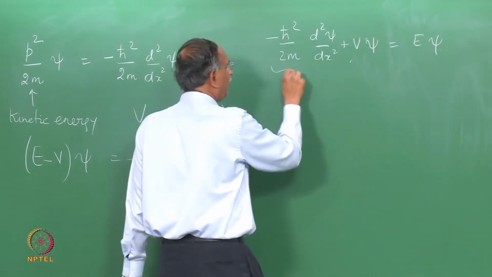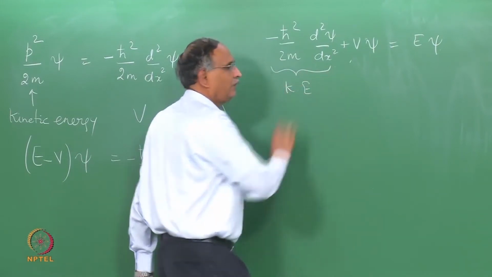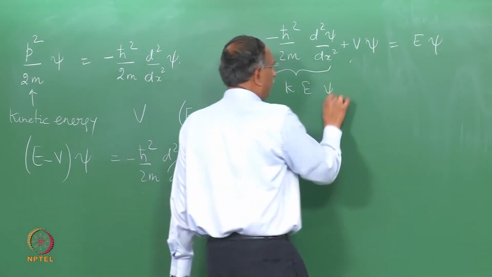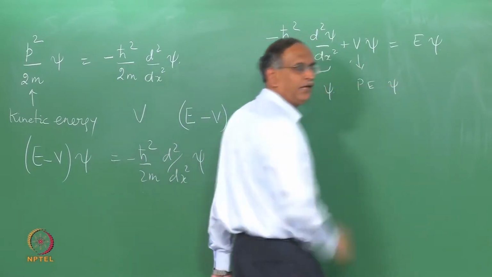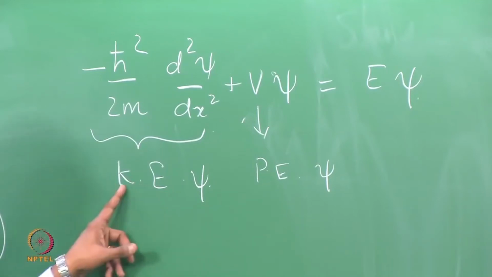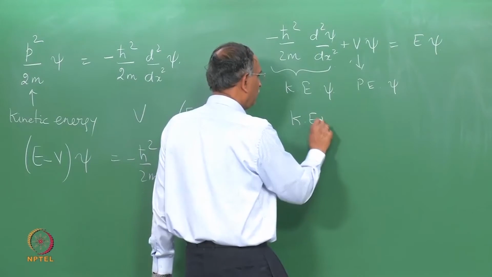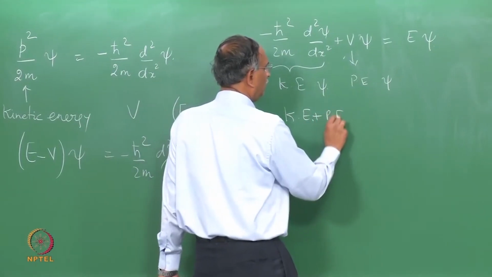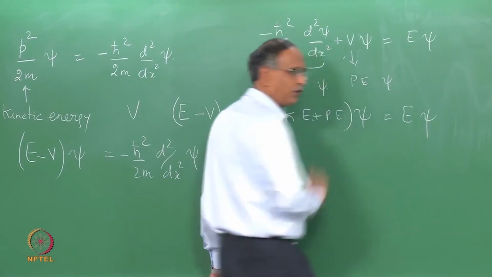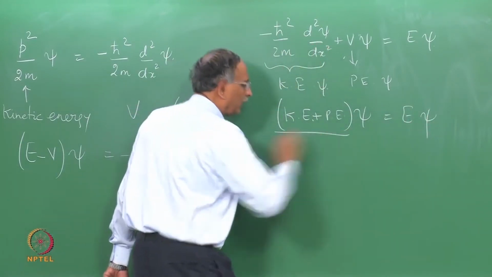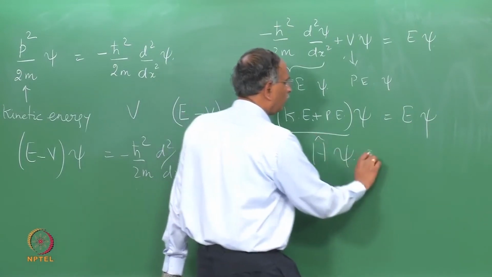Please remember, we had already written this as the kinetic energy, and this is on psi. This is the potential energy on psi, and therefore you see that this is nothing but kinetic energy plus potential energy on psi, giving you a constant times E psi. And so you see that this is nothing but the Hamiltonian on psi giving you E psi.